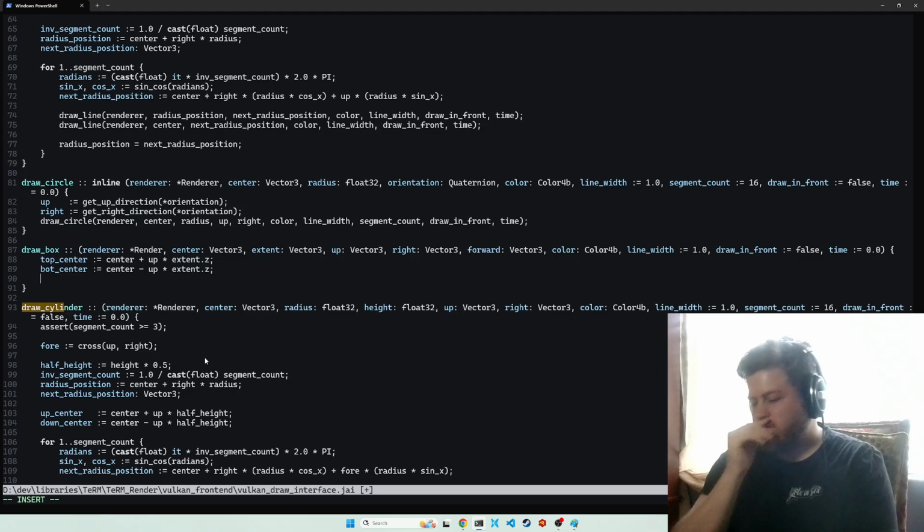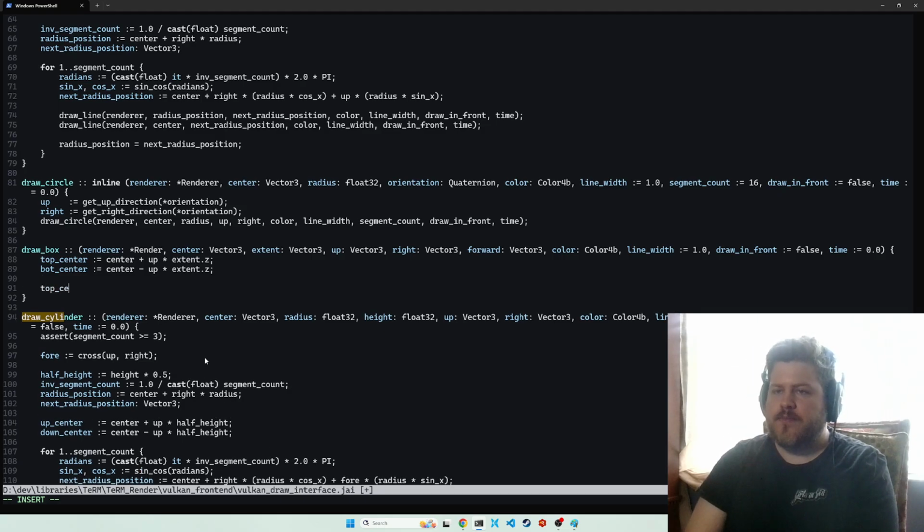Okay. So from the top center, I'm going to add the extent y is forward times the forward direction, right? So the extent y is how far forward we want to move, and forward is the direction of forward, wherever that is, right?